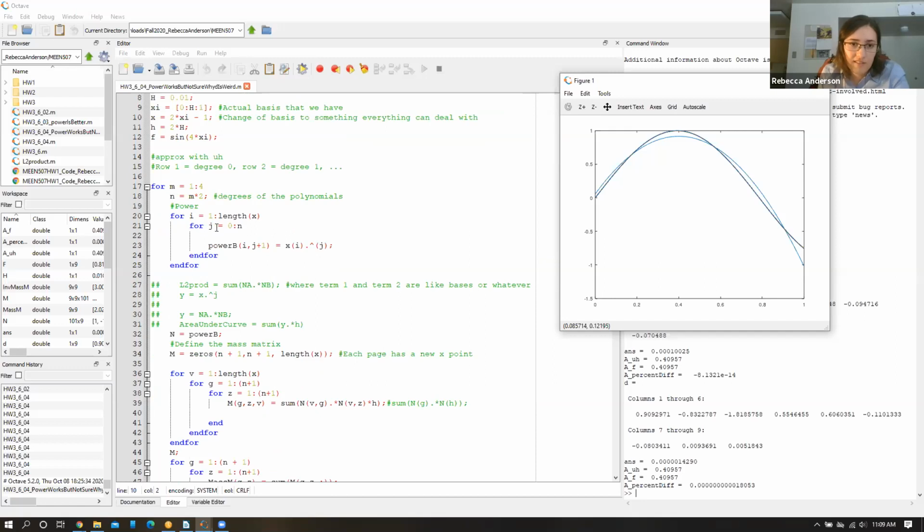So if you have 3-point quadrature, you'll have a -xc value, 0, and then a plus xc value between -1 and 1, and then you'll evaluate your power basis polynomials at each of those values, and that's what you're going to use for your computation.